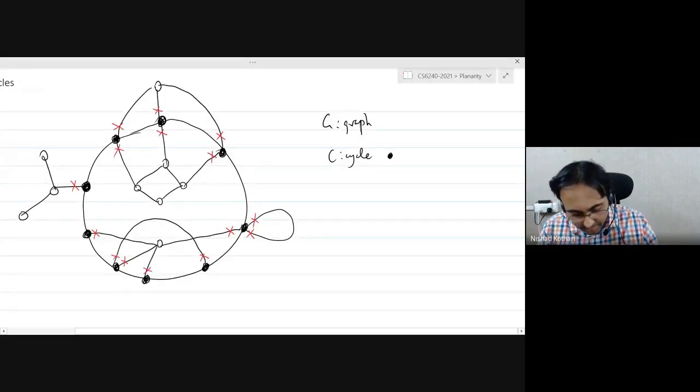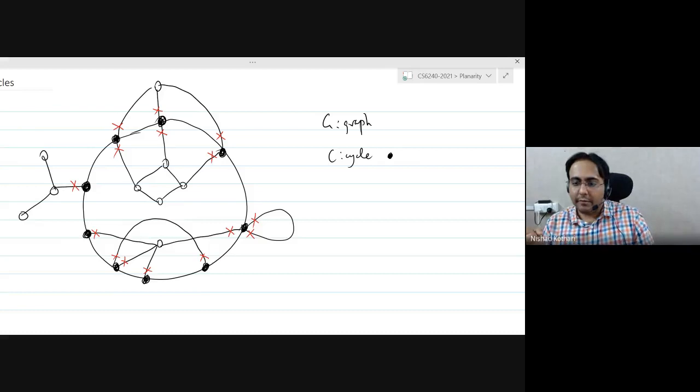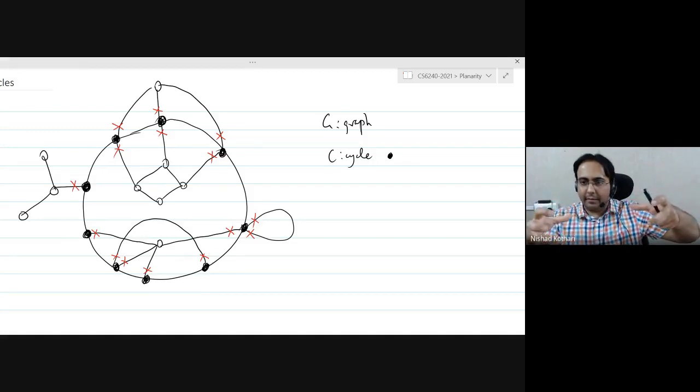Am I missing anything? If you put scissor cuts in all these red places that I have marked, then you would be able to cut out the cycle from the rest of the graph. You agree?